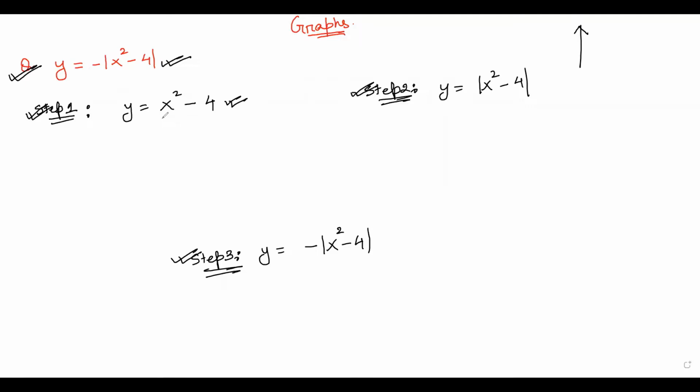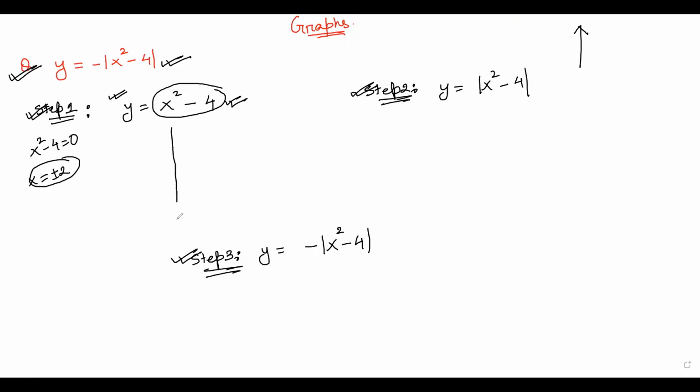We know this is a quadratic equation and here the leading coefficient is positive. So the curve would be an upward parabola and we can find its roots simply by equating this part to be 0. So when x square minus 4 is 0, the two roots would be plus 2 and minus 2, that is plus minus 2.